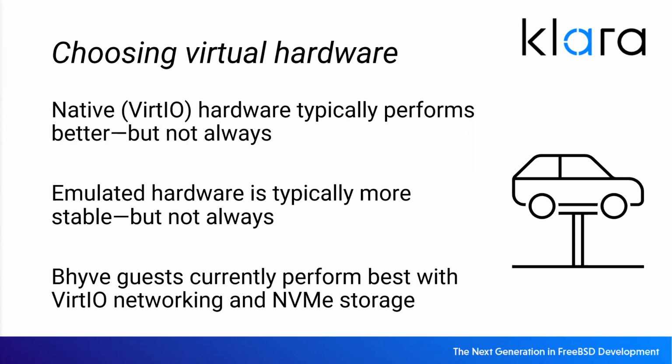Sometimes you'll have a stability preference or a performance preference, and you don't always know without experimentation which one you're going to get the best results with. Again, bhyve kind of turns usual expectations on their head. I normally expect VirtIO to vastly outperform emulated hardware, but with bhyve, the NVMe storage stack, which is emulated, looks just like normal NVMe to the guest.